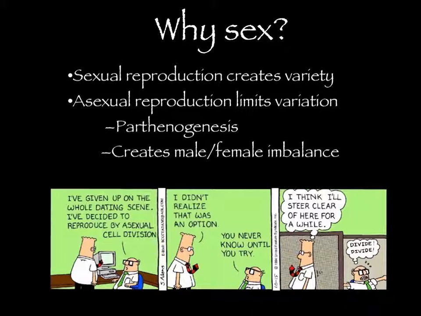So why sex? Organisms that reproduce sexually sacrifice 50% of their genetic contribution to the next generation compared to organisms that reproduce asexually. An alternative to reproducing sexually would be to reproduce parthenogenetically, producing eggs that develop without fertilization.